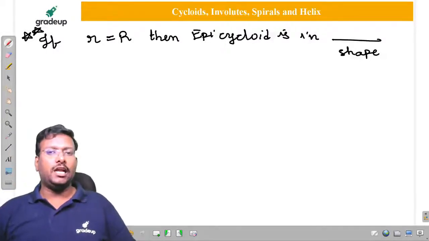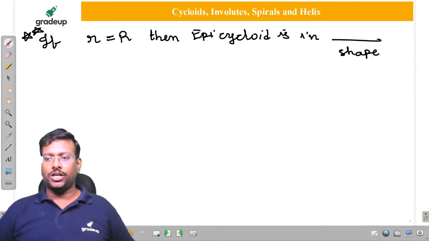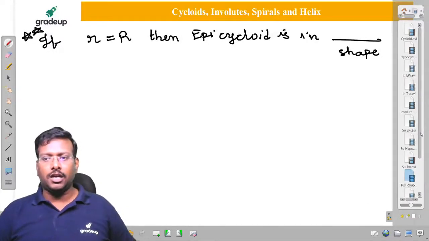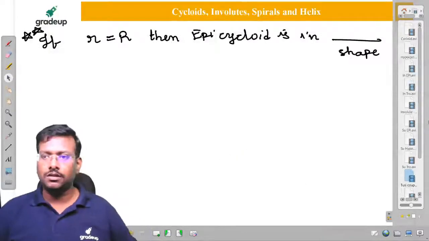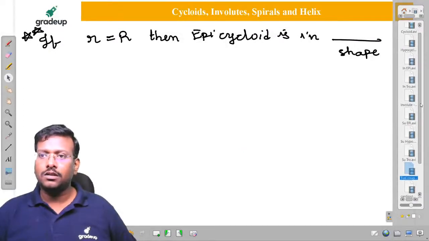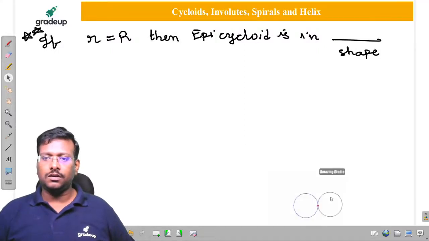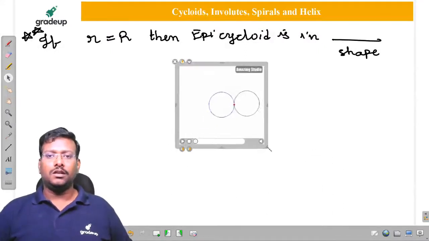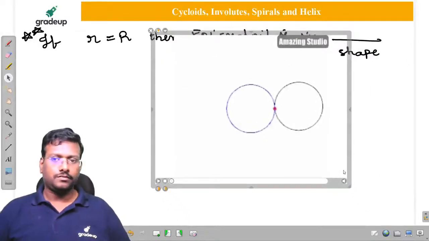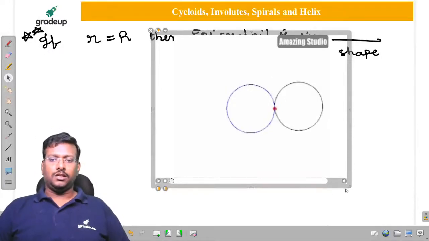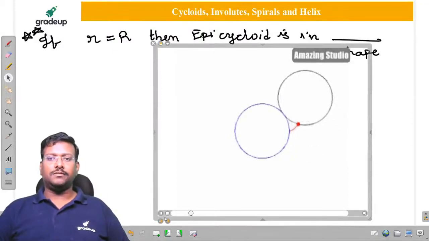I will show this diagram. Tell me how many people drew this in your undergraduation. Are you observing, my dear friends? Both circles will have the same radius.